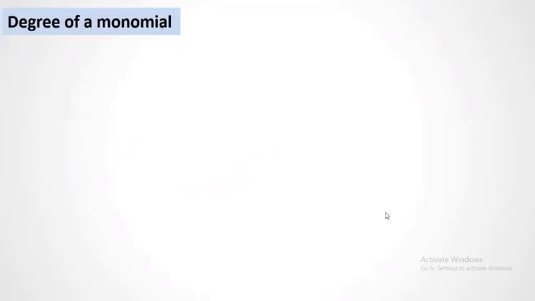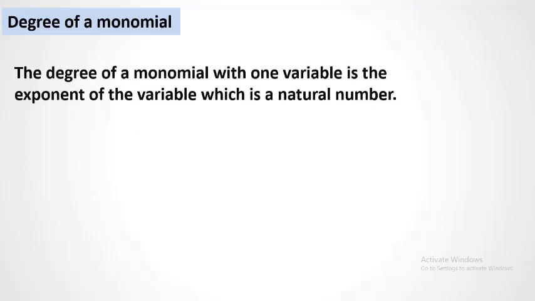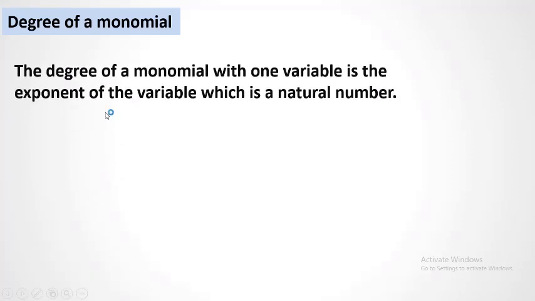The degree of the monomial. First, the degree of a monomial with one variable is the exponent of the variable, which is a natural number.